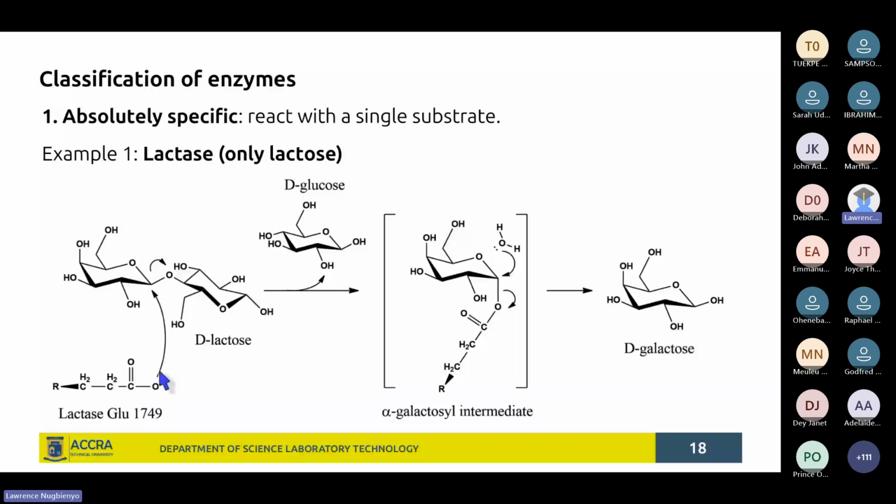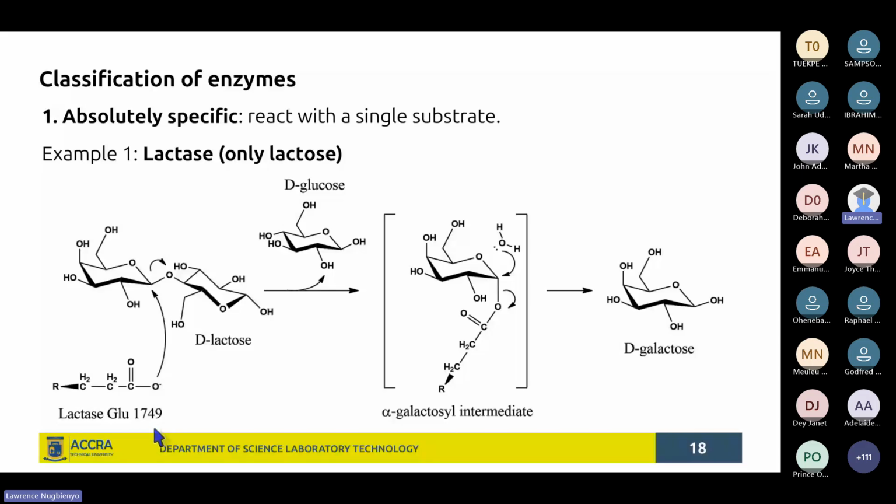Well, it's a protein. That's the C terminus, the carboxylic acid group end of that protein. And you see the R, meaning that's the rest of the chain. And what you actually see here means that the active center of lactase has the amino acid glutamate. It's a big protein, and so that amino acid is at position 1749 if you take the amino acid sequence of that protein.